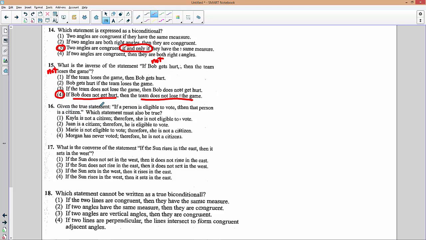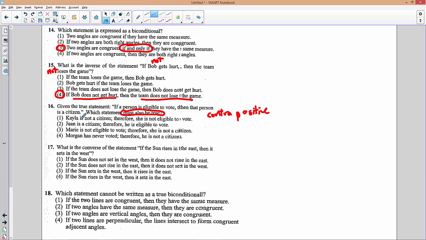16, given this true statement, if a person is eligible to vote, then that person is a citizen, which statement must also be true? So what must also be true is the contrapositive, right? Contrapositive. So we're looking for something that says the Q and knotted. That person is a citizen. So we're looking for something. Juan is a citizen.